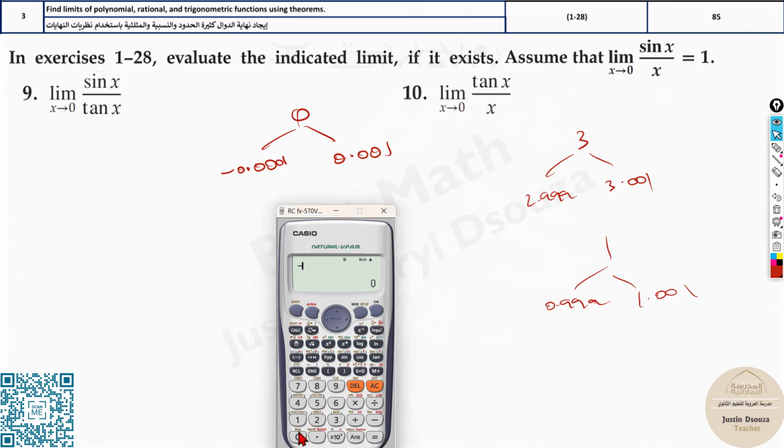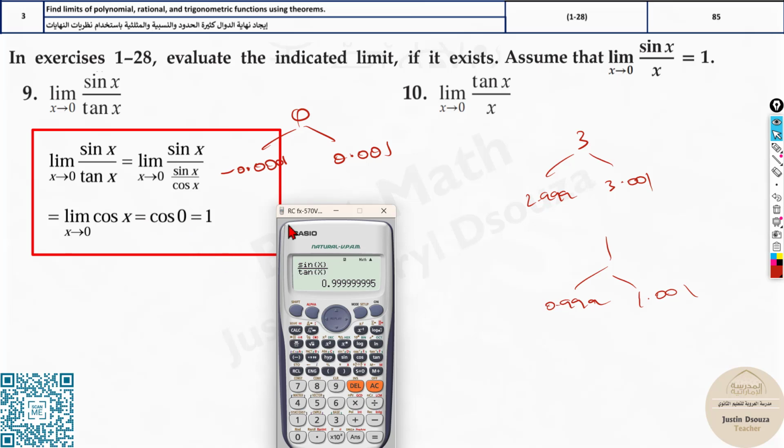That's it. So we take minus 0.001, and the answer is 0.99. It's almost equal to 1. What about the right side? We have to check both, because if they are not matching, if this was something else, then you should tell the limit does not exist.